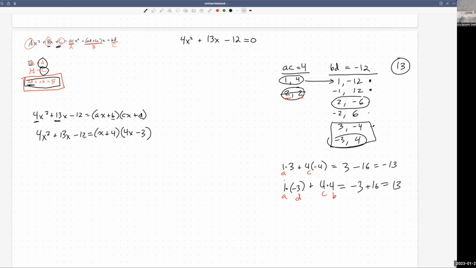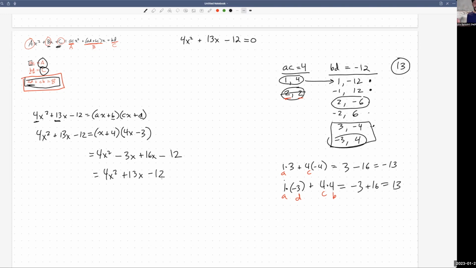The simplest way to see if we've done it right is to check our work. x times 4x gives me 4x squared. x times -3 gives me -3x. 4 times 4x gives me 16x. And 4 times -3 gives me -12. So I get 4x squared plus 13x minus 12, which is exactly what we were hoping for.